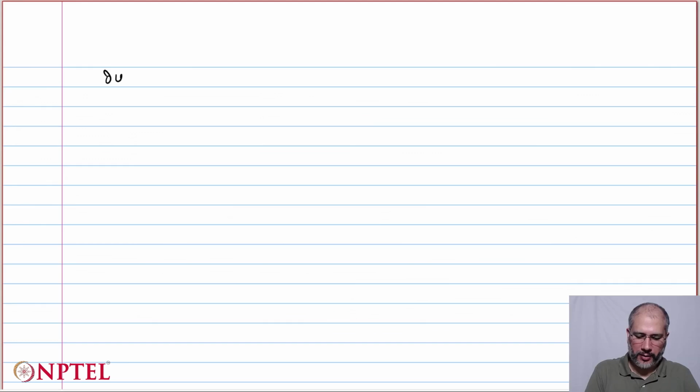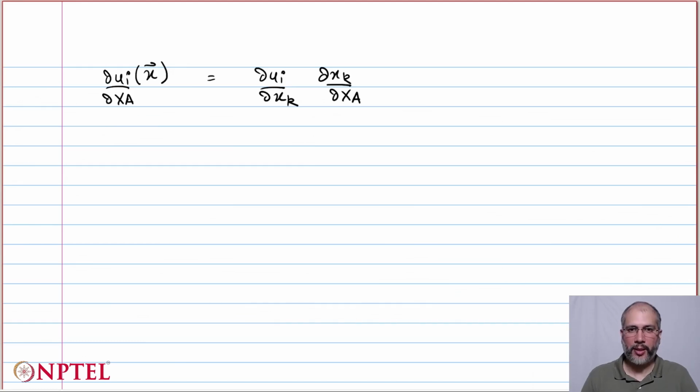So if I write del u_i by del capital X_A, and this u_i, if it is expressed in the Eulerian expression, this will become del u_i by del small x_k times del small x_k by del capital X_A, because u is a function of small x's in the way it's expressed in this situation.